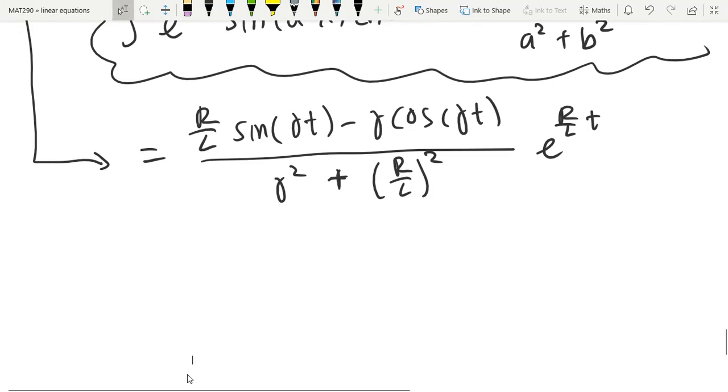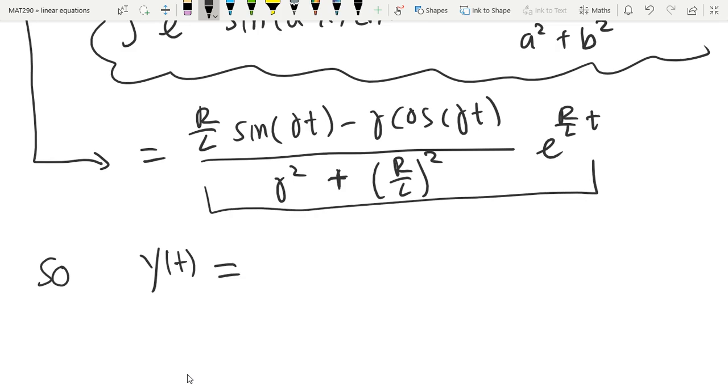So now let's write down our solution. So y of t is equal to the following. So let me do a shorthand for this, g(t).